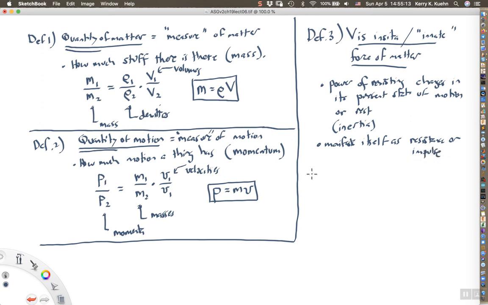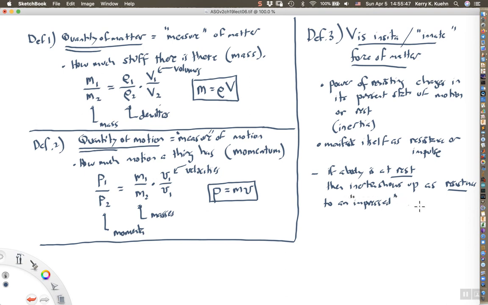Well, he says if a body is at rest, then inertia shows up as resistance. If it's at rest, it shows up as a resistance to an impressed force that's acting on the object.